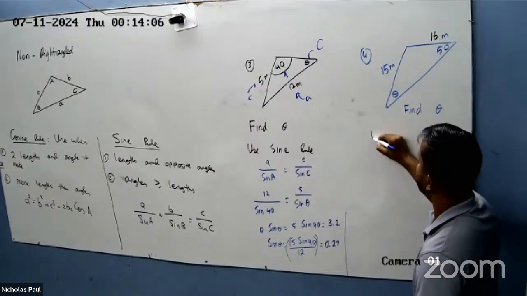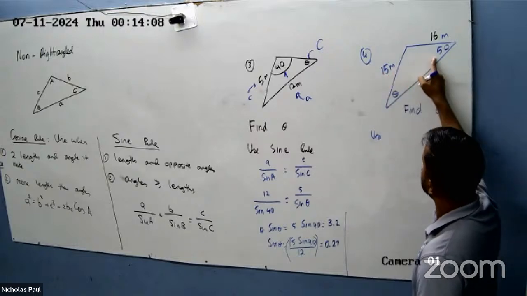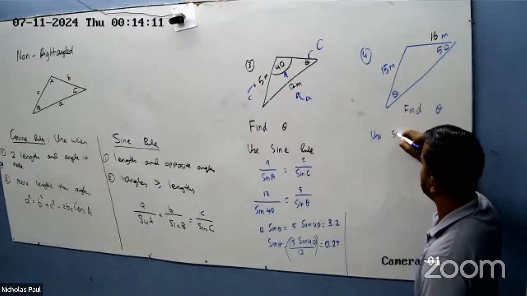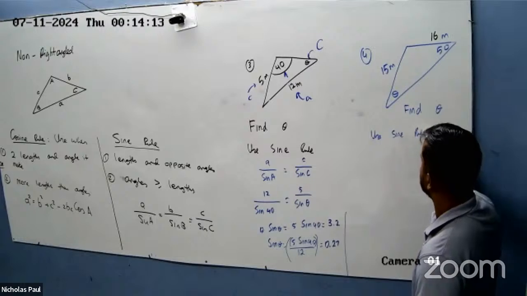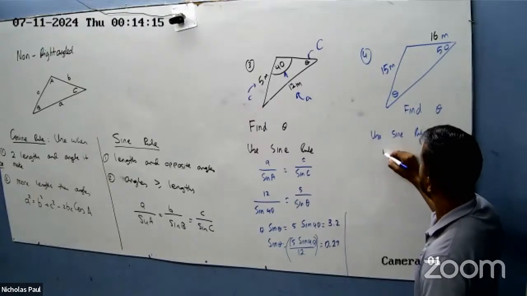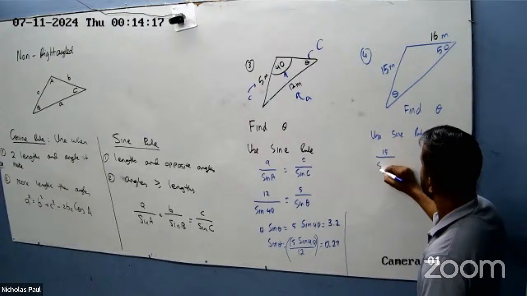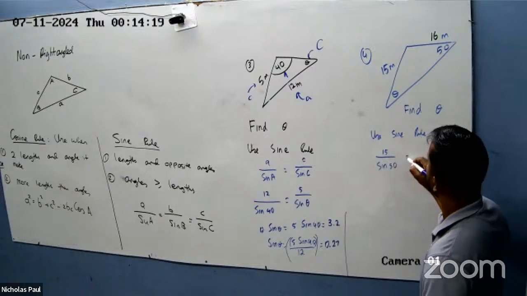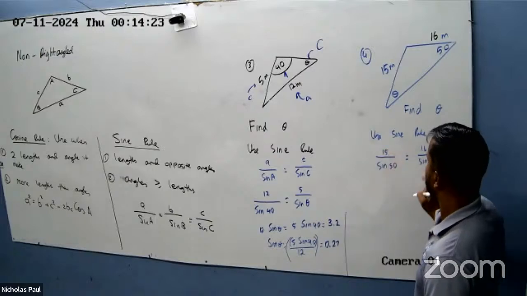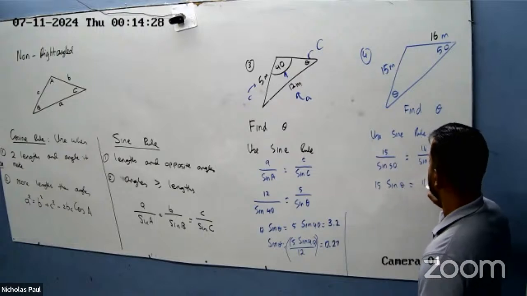Right. So we're using sine rule because we have length opposite angle, length opposite angle. So we have 15 over sine 50 is 16 over sine theta. Cross multiply, you'll get 15 sine theta is 16 sine 50.